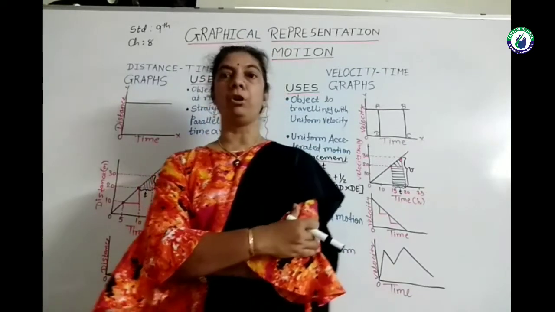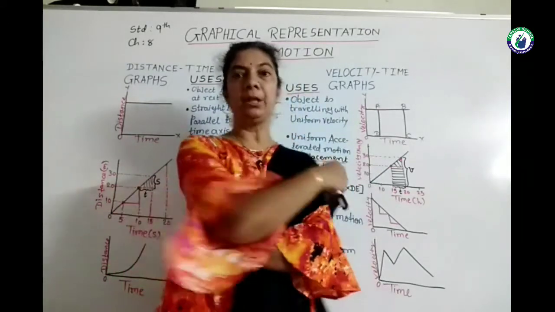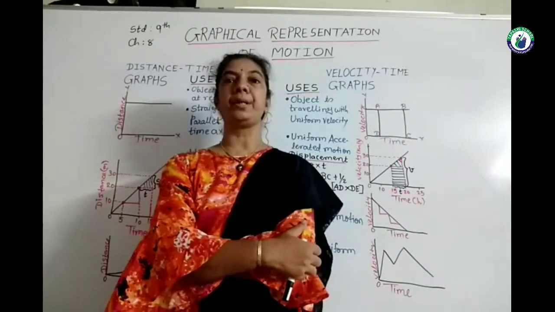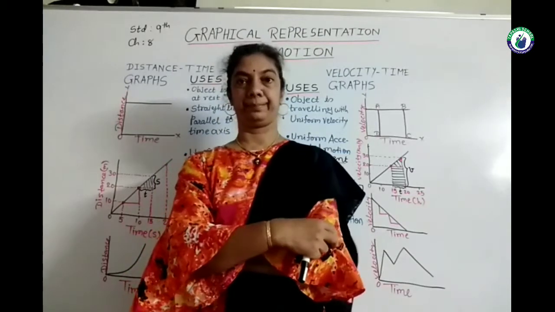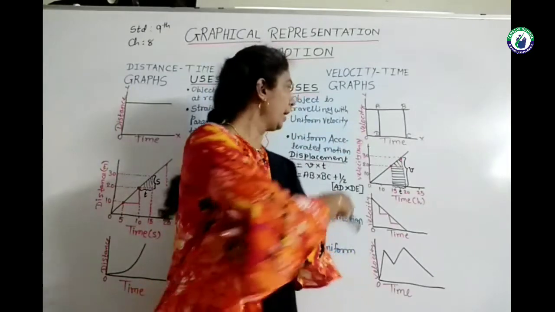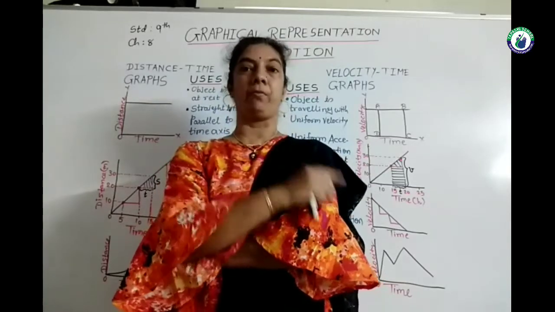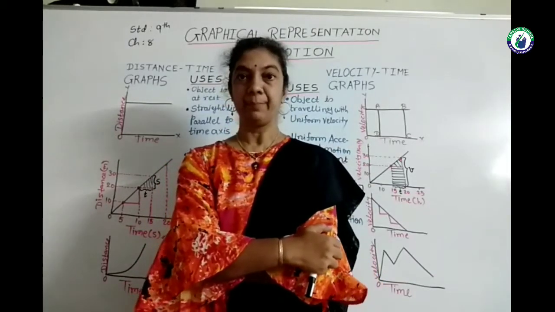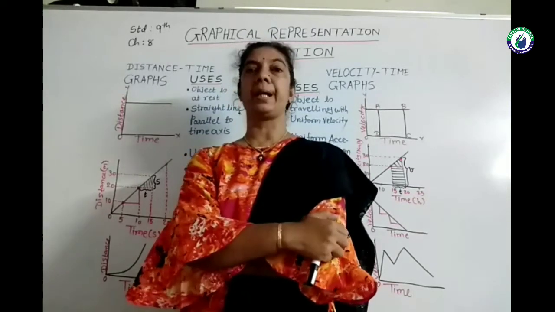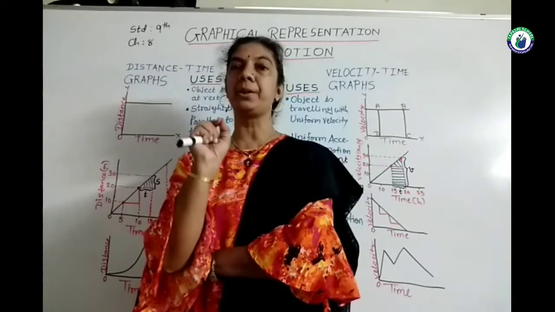Remember friends that on the x-axis, this horizontal line in all the graphs, we always take the quantities which are independent, and on the y-axis we take the quantities which are dependent on that independent quantity. Means what? In school we have a timetable and we follow lectures at a specific time.